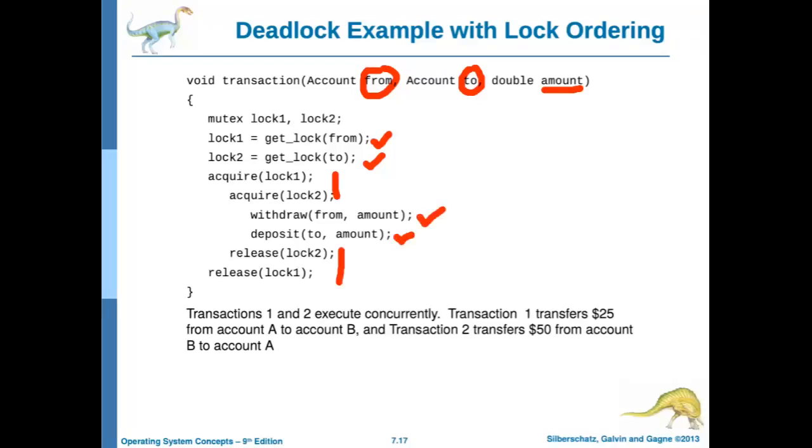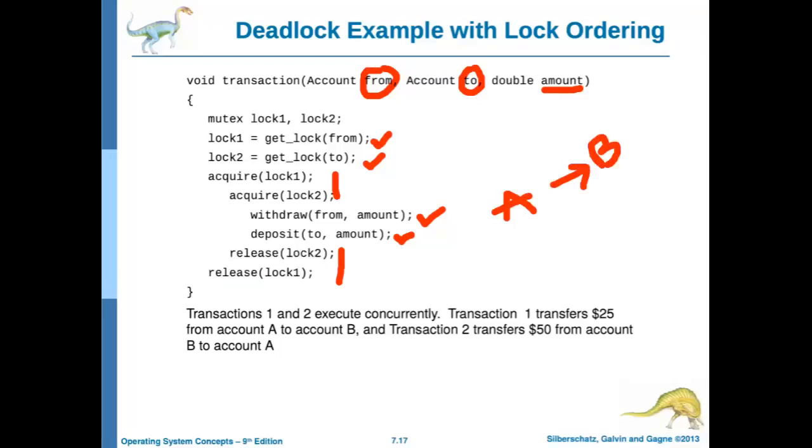Now this logically seems perfect, but then the problem is, for example, if you try 2 transactions concurrently, and these 2 transactions are transfer A to B, account A to account B, some amount.